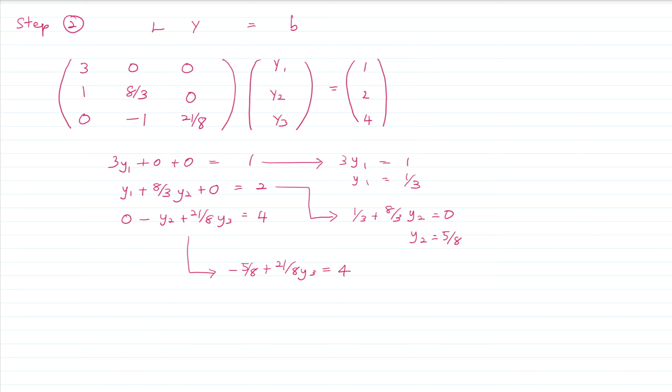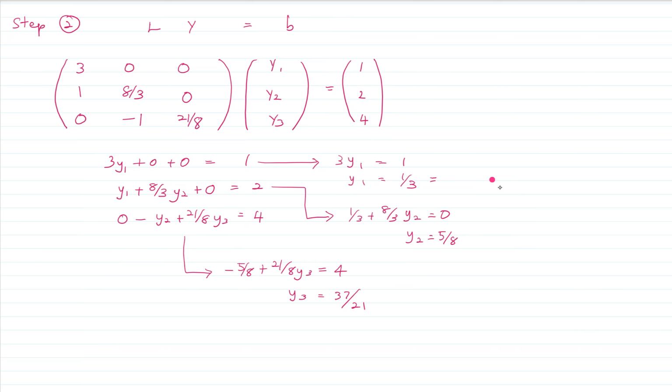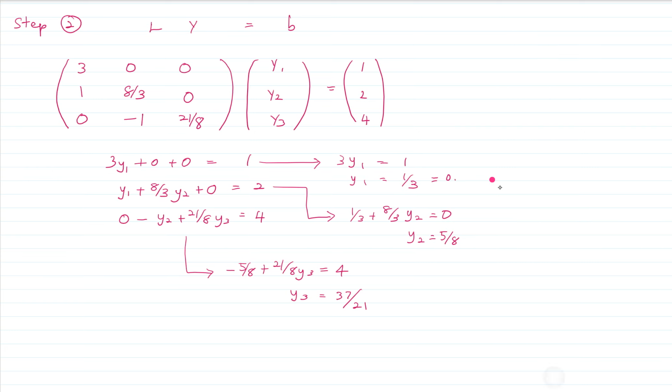So you get Y3 equals 37 over 21. You can also write these values in decimal: 0.3333.